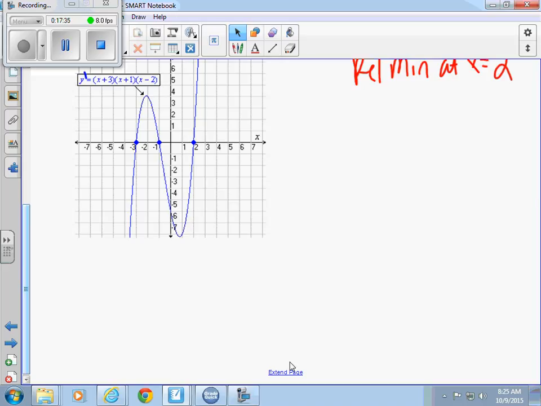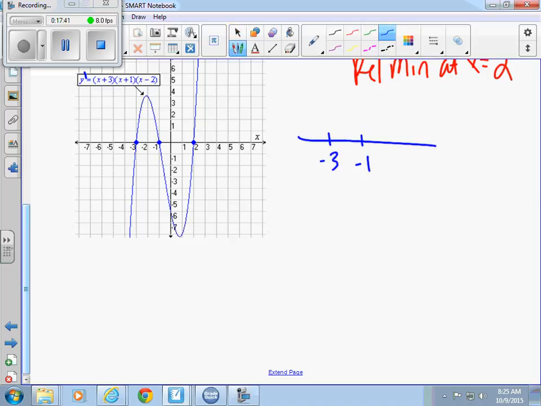Okay, what goes on the sign chart? Okay. Any questions about that? That's where f prime is equal to 0. And then what's the value before negative 3? After negative 3?